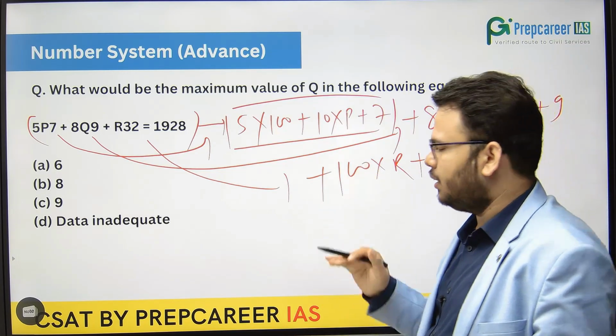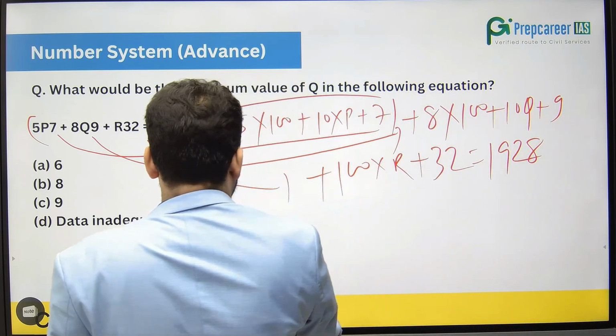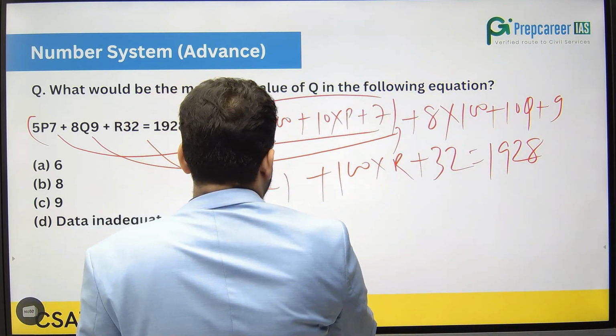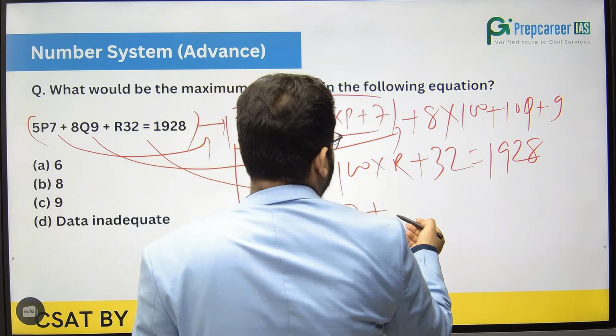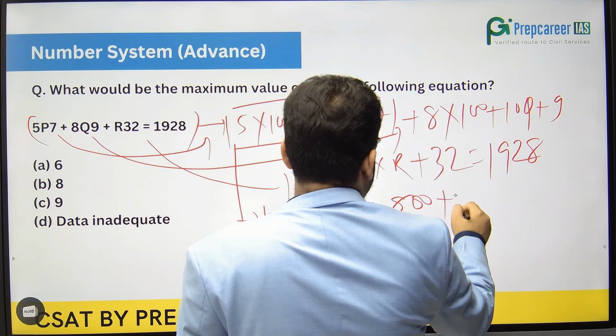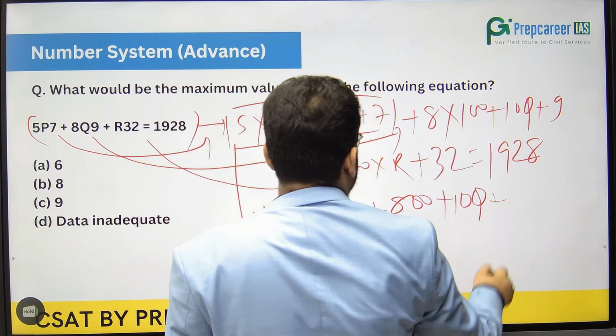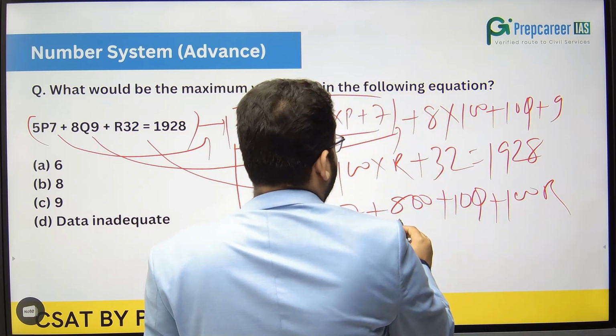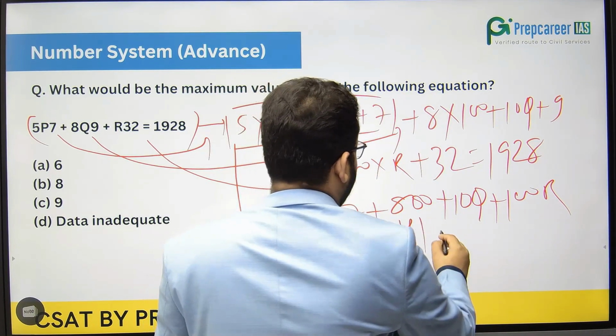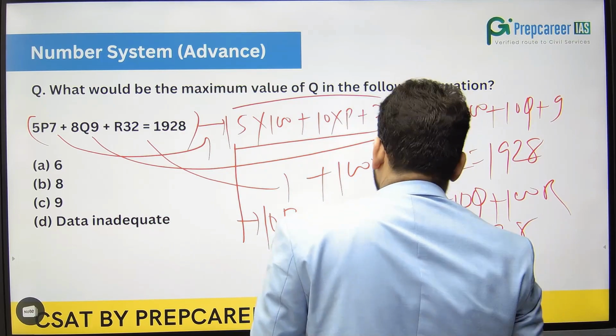Now simplify this equation. So what are we going to get? We will have 10P plus 507 plus 800 plus 10Q plus 100R plus 41 equal to 1928.